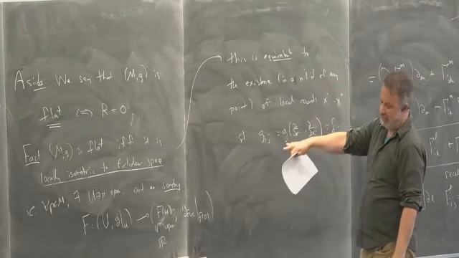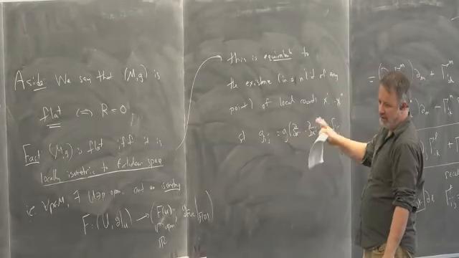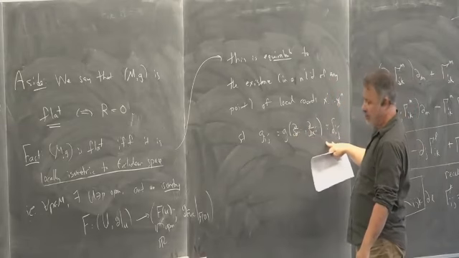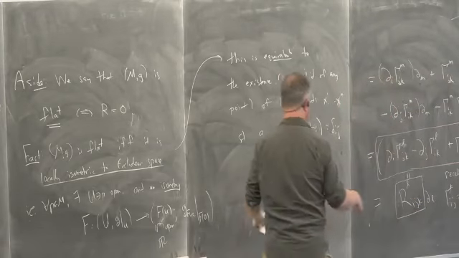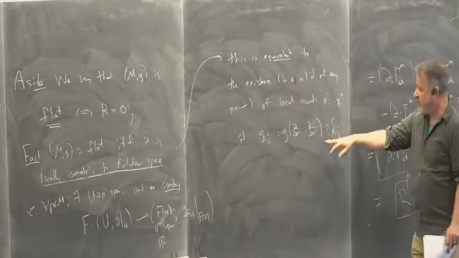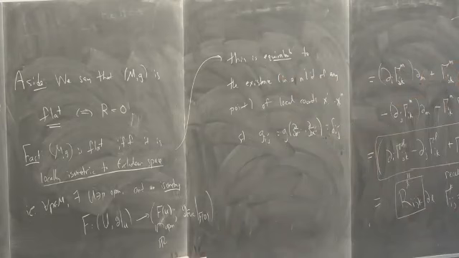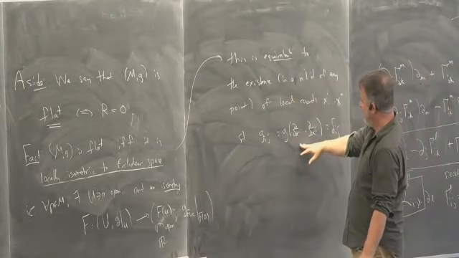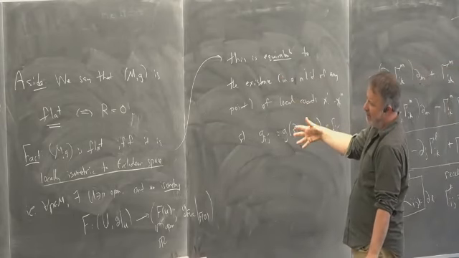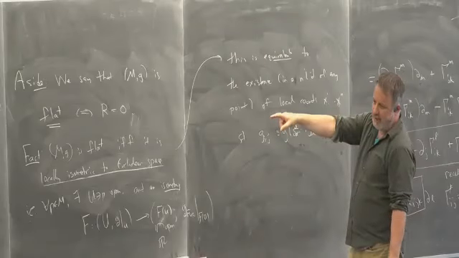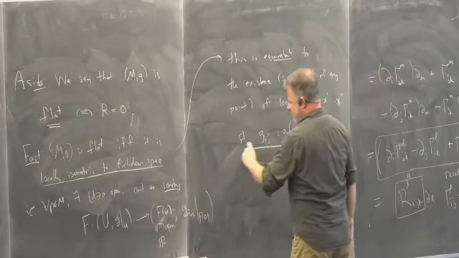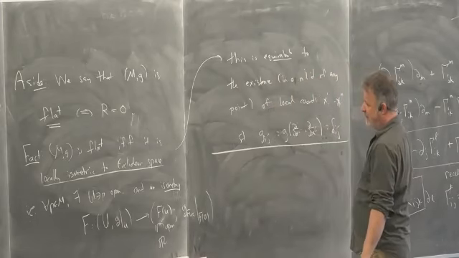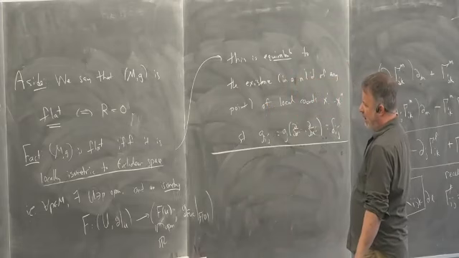Okay, it's not hard to show one direction of this. If I can find coordinates where Gij is delta ij, then it's very easy from these formulas here: this becomes 0 and this becomes 0. So flatness is a necessary condition for the existence of this. The non-trivial statement is, if the Riemann curvature is 0, then you can find such local coordinates, right? And that is something that we prove in Pure Math 868 next January, near the end of the term.